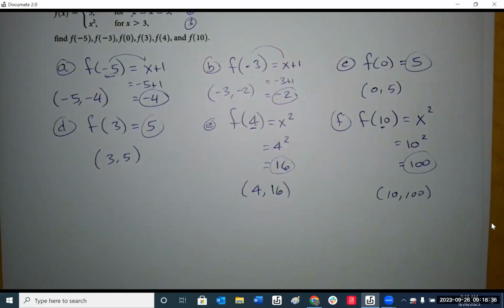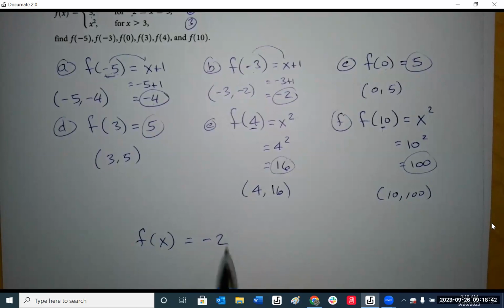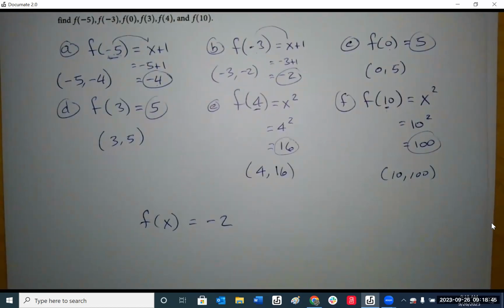So be very careful, because on your homework, I can ask you something like this. What is it looking for? I'm looking for the x value. So what x value has a y value of -2?